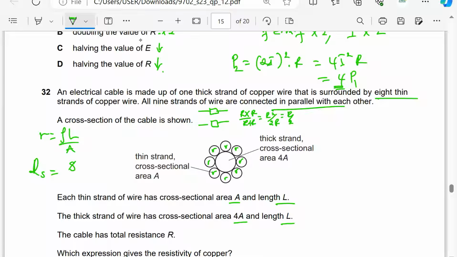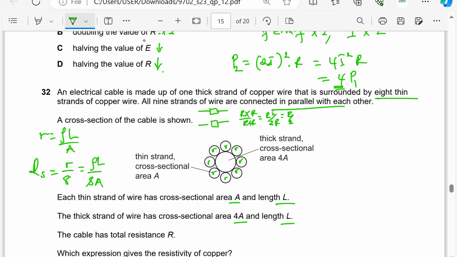So it is going to be r divided by the number. So it is r divided by 8. Okay, so not 8 divided by r. So this is going to be r divided by 8 because they're in parallel. So this is going to be rho L divided by 8A, total resistance for all the 8 strands.